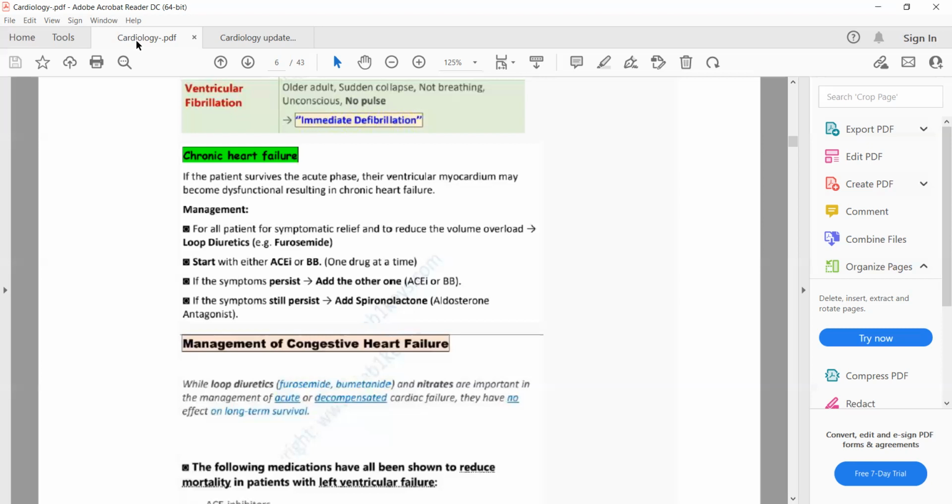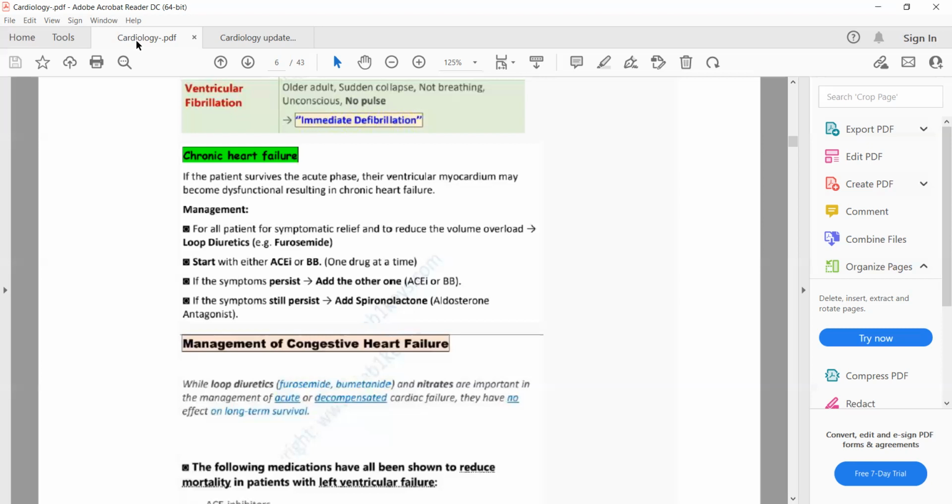So the long-term management of chronic heart failure includes three drugs: ACE inhibitor, beta blocker, and aldosterone antagonist. We can add all three of them in a stepwise manner.